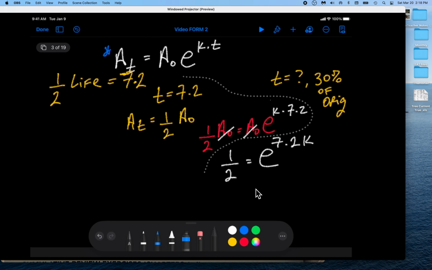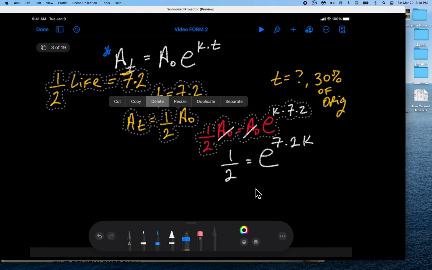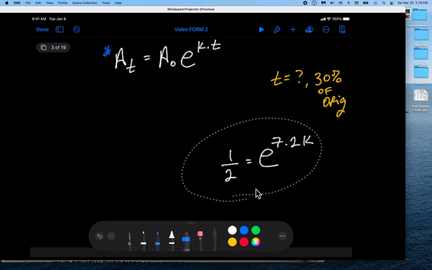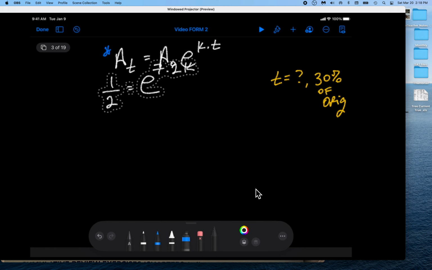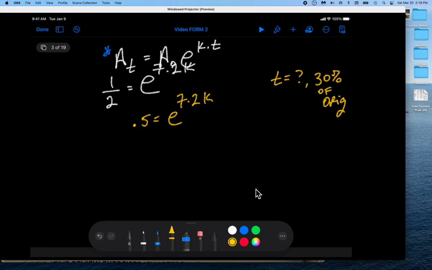Let's find K here. I appreciate your patience, folks. Okay. We're going to make that 1/2 calculator friendly and do this. 0.5 equals e to the 7.2K. We need logs to solve this.